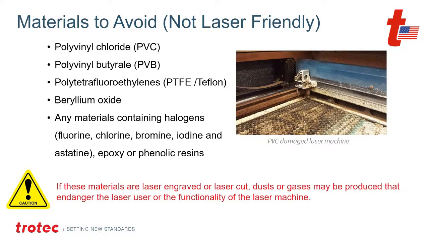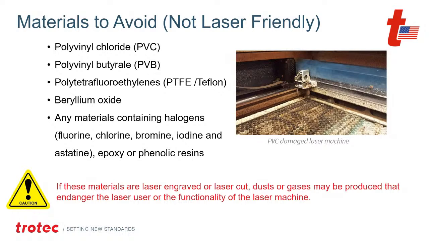Actually, a lot of them, like polyvinyl chloride, PVC type materials, work exceptionally well with lasers. However, their outgassing produces chloride. And that chloride is, in essence, a vapor form of hydrochloric acid, which mixed with moisture in the atmosphere is going to cause your laser system to corrode. And so this is why some of these materials can be dangerous.